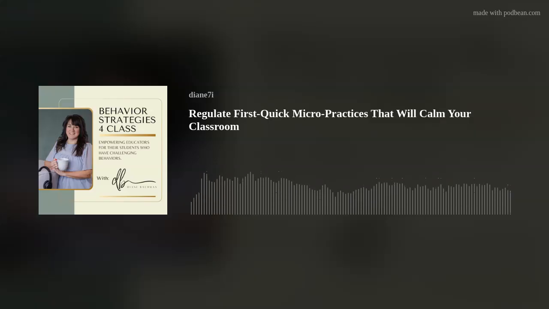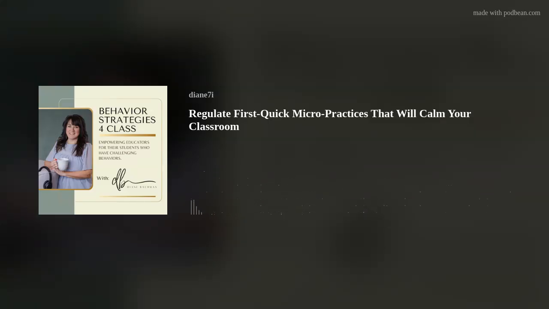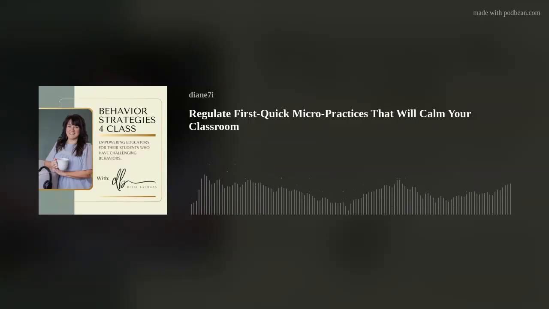Okay, it's time for quiet voice. So they know what's expected. You remind them it's okay, but it's time to settle our bodies. Like that means you're getting your bodies in control.